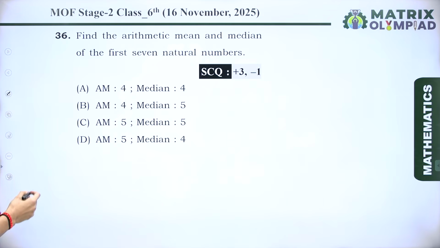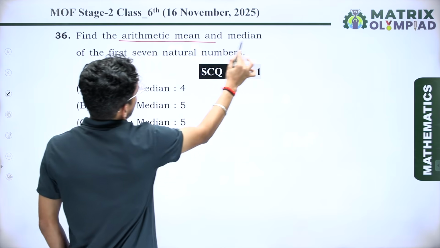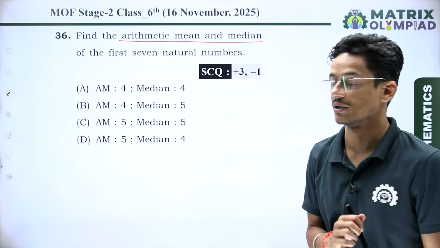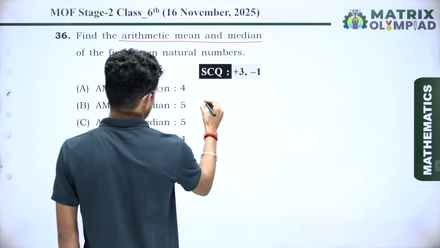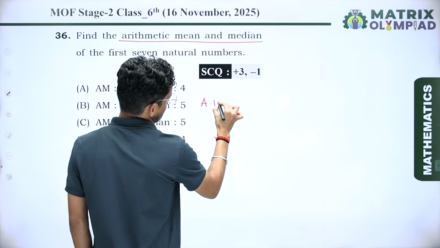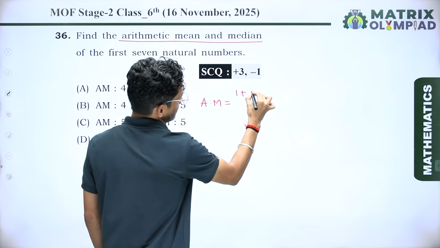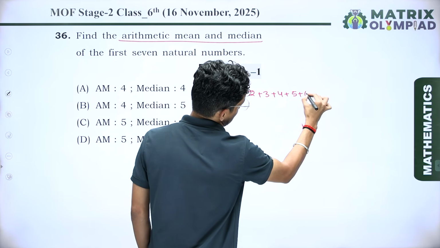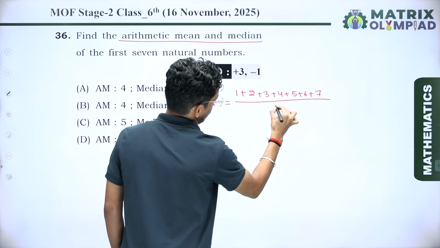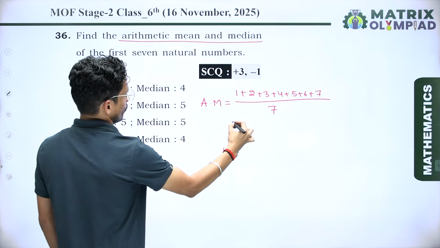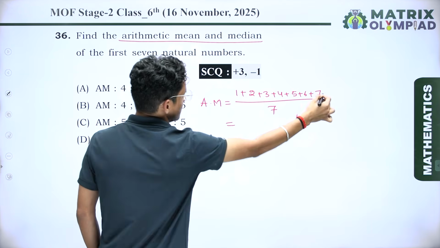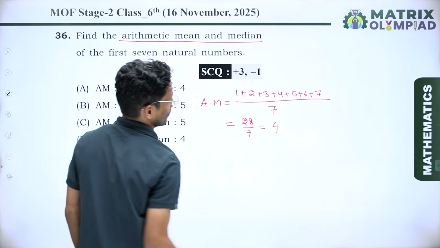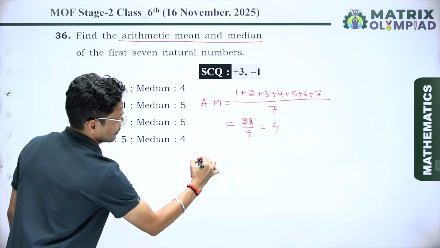So now the next question: find the arithmetic mean and median of the first 7 natural numbers. We know arithmetic mean is the sum of all observations, that is the 7 natural numbers 1 to 7, divided by the total number of observations, that is 7. When we add all these numbers, we get 28 upon 7, that is 4. And we have to find the median.